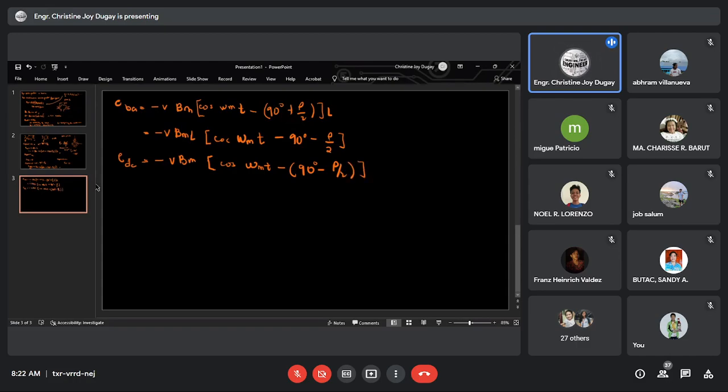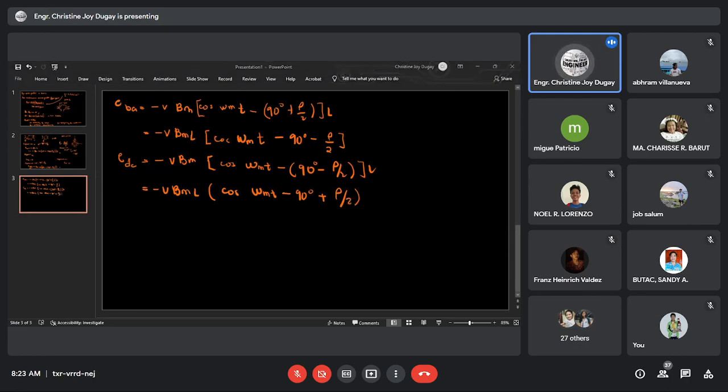Here, that is negative L, V, Bm and the length, multiplied by cosine of omega m t less 90 degrees plus rho over 2.